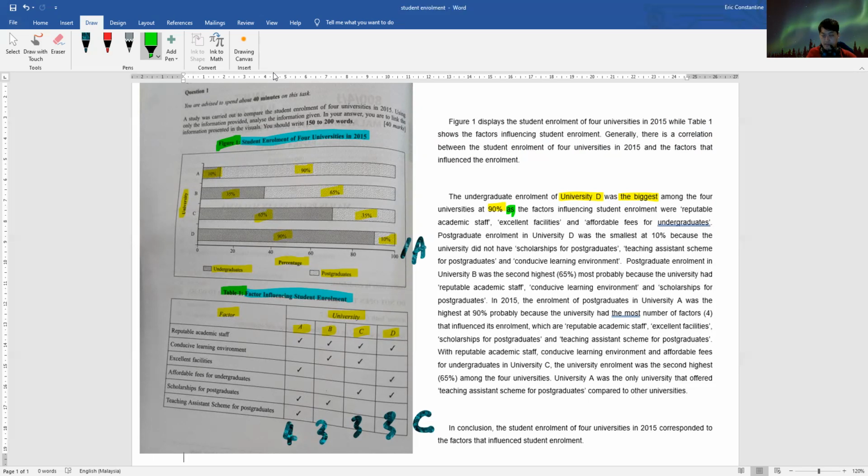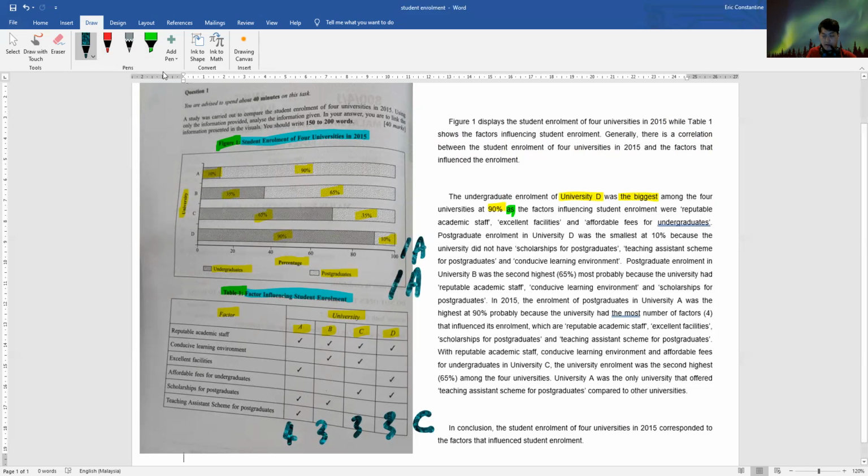Now the second part here, the factors influencing student enrollment were reputable academic staff, excellent facilities, and affordable fees for undergraduates. Now the second part I consider from here is also 1A, one analysis. Okay, 1A.